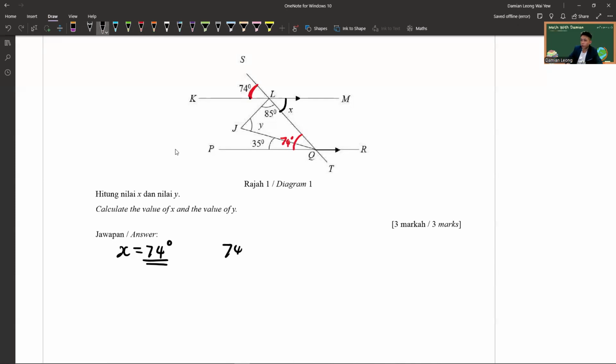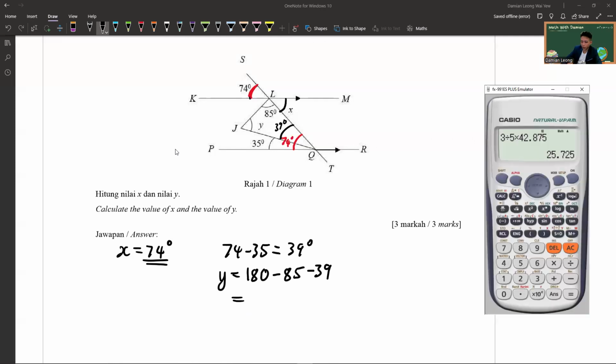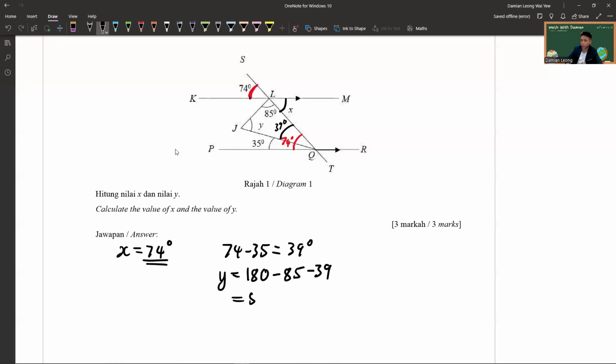If I take 74 minus 35, I get 39 degrees. This angle would be 39 degrees. The total angle in a triangle is 180, so y is 180 minus 85 minus 39, we get 56. So y is 56 degrees. That's the value of x and y.